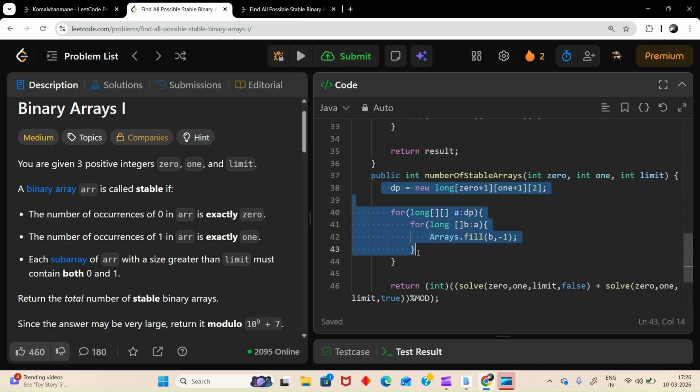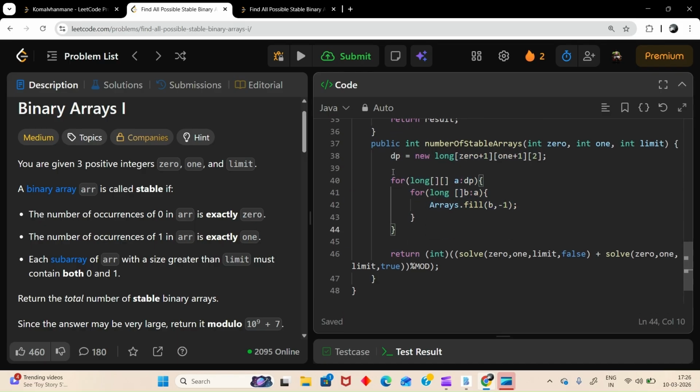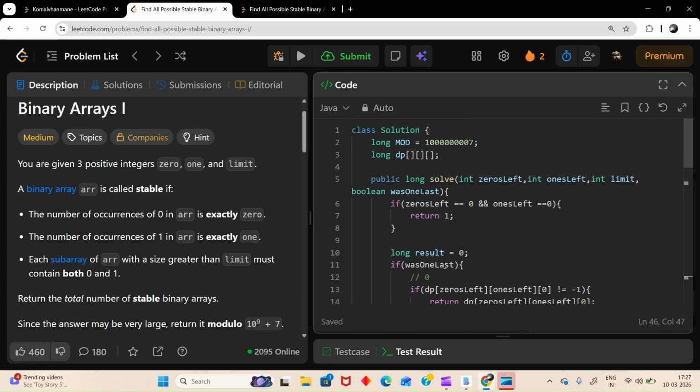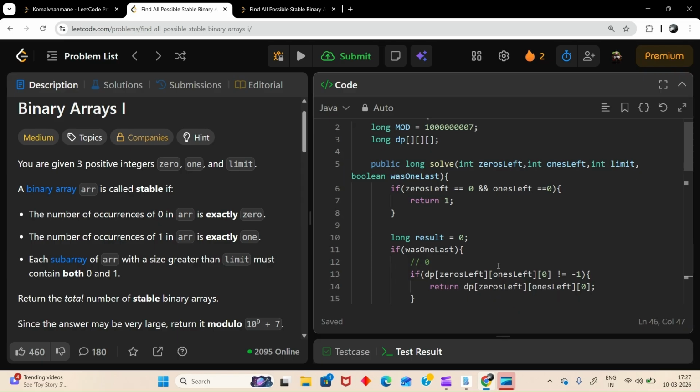Initially we initialize a 3D dp array, and then call solve, the recursive function, where we are passing zeros, ones, limit, and false. False means was 1 last, that is, have we started from 0 or 1? If we are starting from 0, we write was 1 last as true, and then we consider 0 as our starting point, else 1. Later it will be changed.